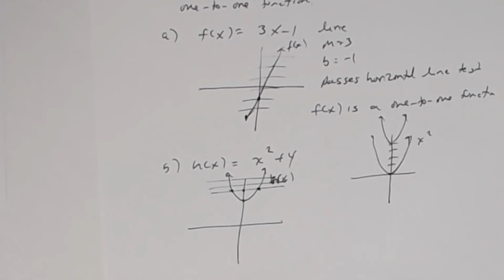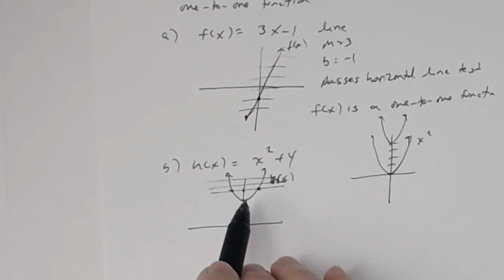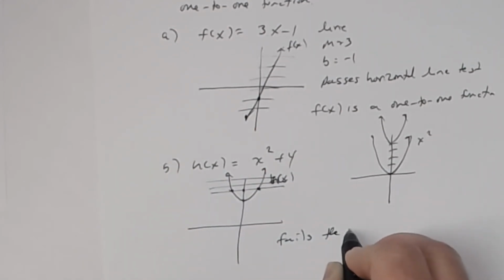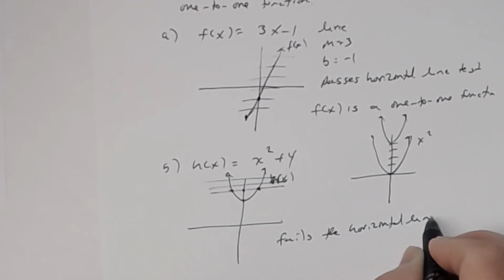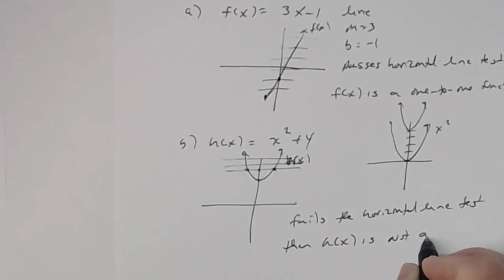So remember the definition of one-to-one function, for each y value, there can only be one x value. So h of x, which is this function here, fails the horizontal line test. So we're going to say then, h of x is not a one-to-one function.